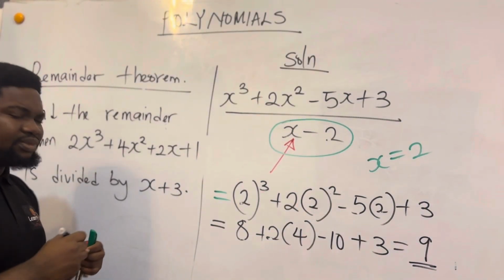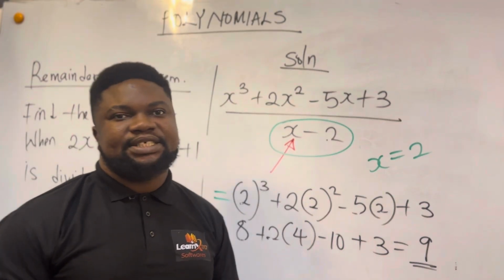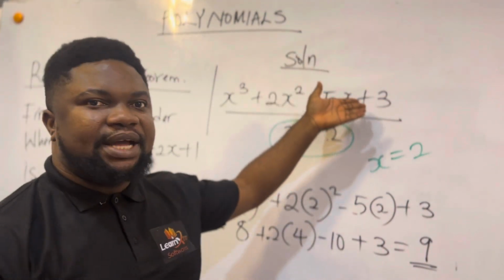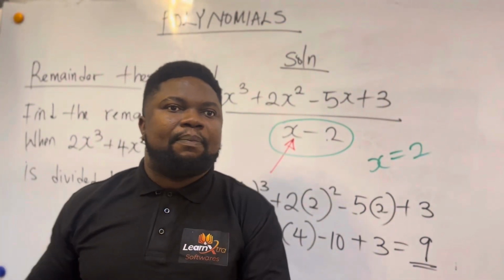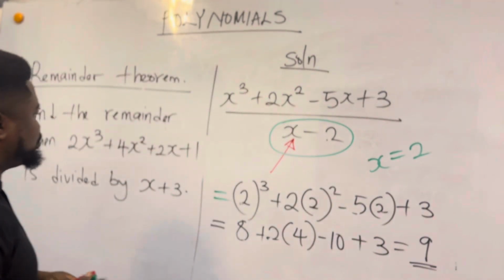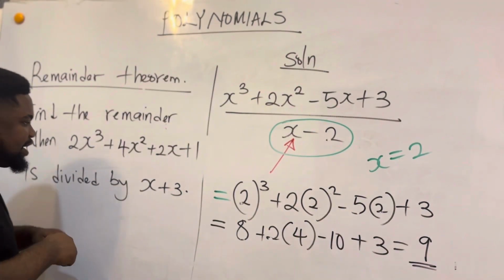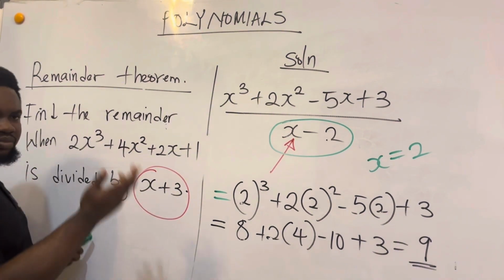So, anytime you want to find the remainder when dividing a polynomial by a linear divisor, the best way is just to apply the remainder theorem, which is about getting what will make your divisor 0.